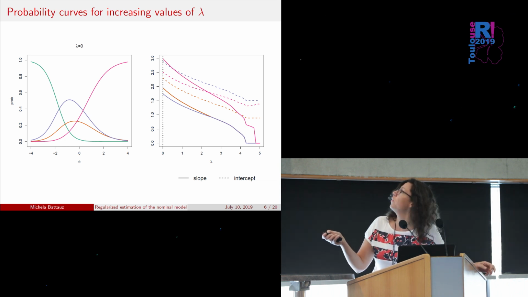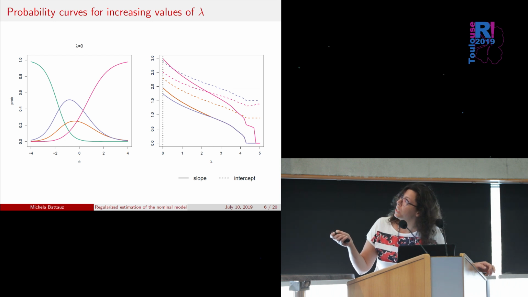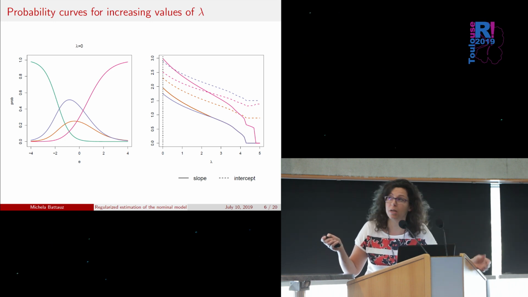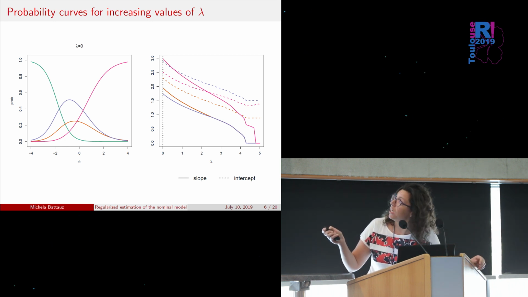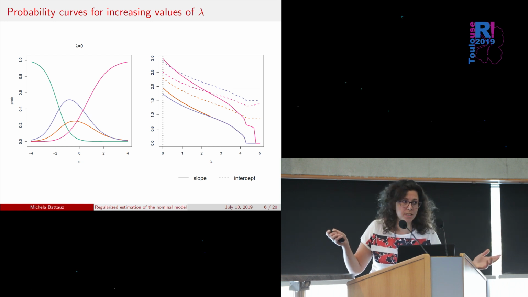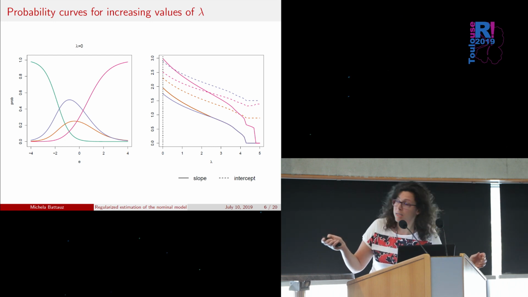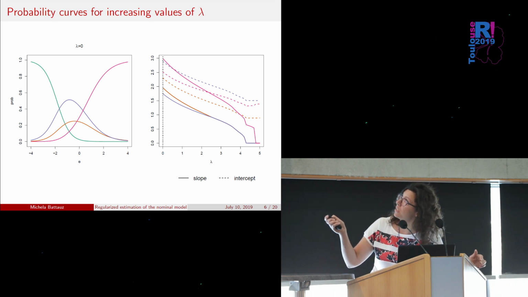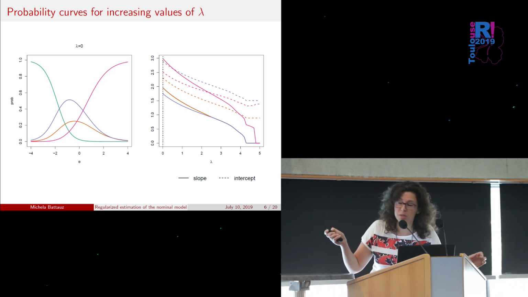On the left, we have the probability curves that are obtained with the maximum likelihood estimates, that we have when the tuning parameter is equal to 0. And on the right, we have the estimates of the parameters at different levels of lambda. The continuous lines are the slope parameters, the dashed lines are the intercepts.